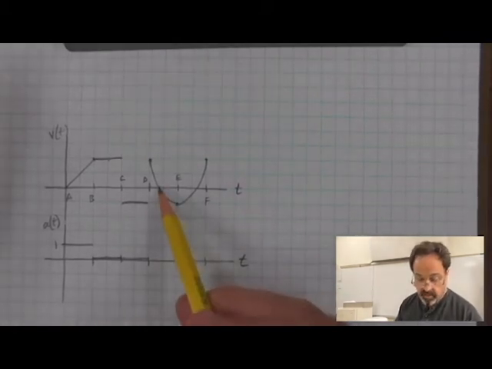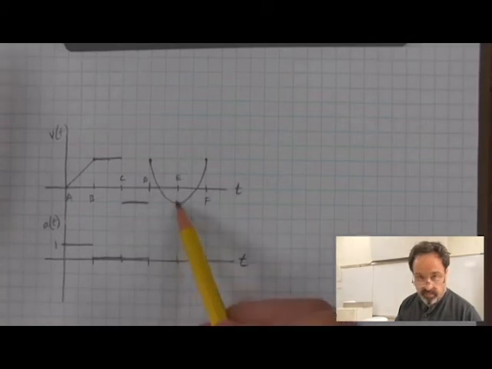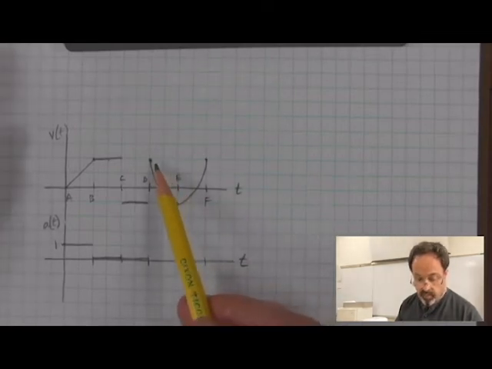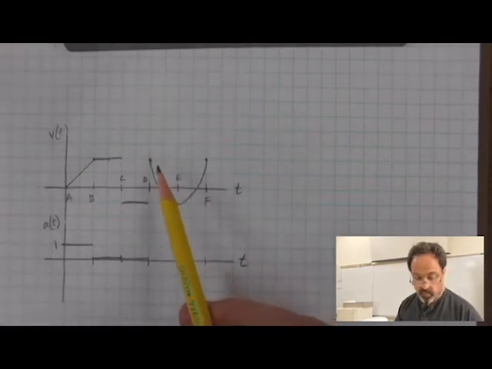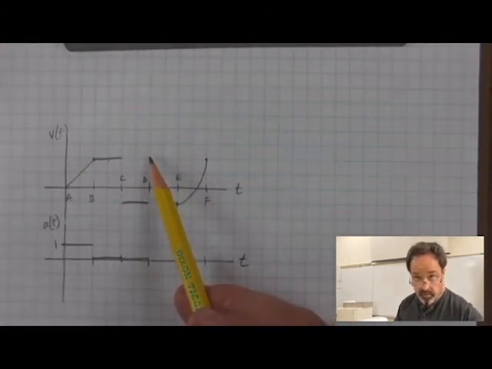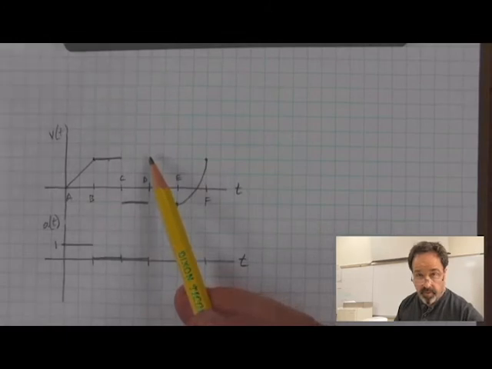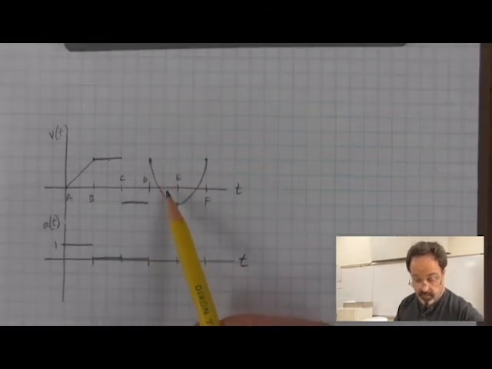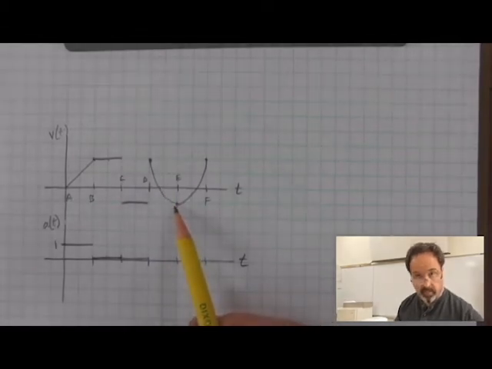And then, when we transition into the negatives, we're moving backwards. And our backward motion is speeding up. So from D to E, we start by moving forward, but we're slowing down our forward movement to the place we stop, and then we start going backwards at a higher and higher rate.